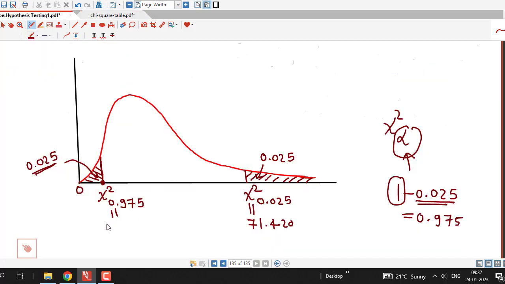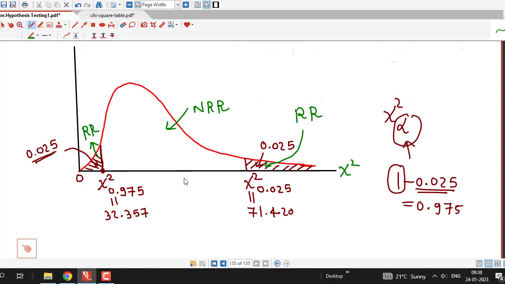Let me write here, this point is 32.357, and these shaded areas are both rejection regions. This is a rejection region and this is also a rejection region, and the area in the middle is the non-rejection region. Here we have taken values of chi-square.